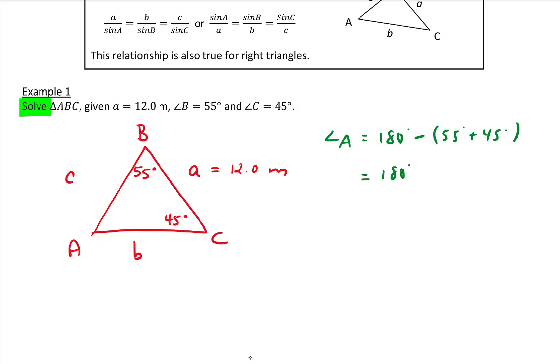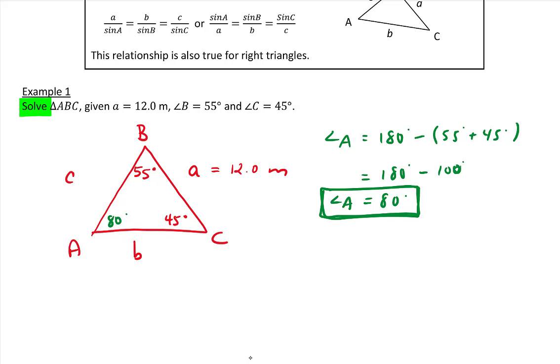So that gives us 180 minus 100, which tells us that angle A is equal to 80 degrees. We can add that now to our diagram. Next is to find side lengths. And again, we cannot use our primary trig ratios because this is a non-right triangle.